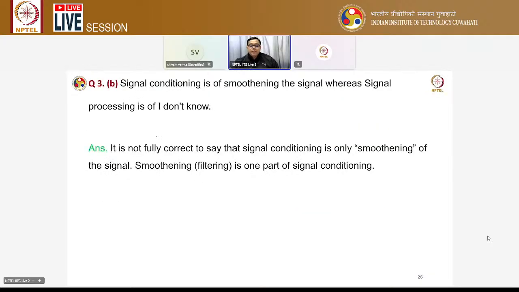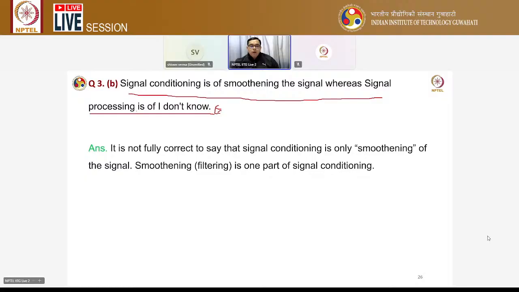Okay. Now the second question from this, which is very, very important, and I would like to clarify in this particular live session. The question is, signal conditioning is for smoothing the signal, whereas signal processing is for, I don't know. Okay, now this is a very, very valid and logical question. And today, let us try to understand this in a little detail.